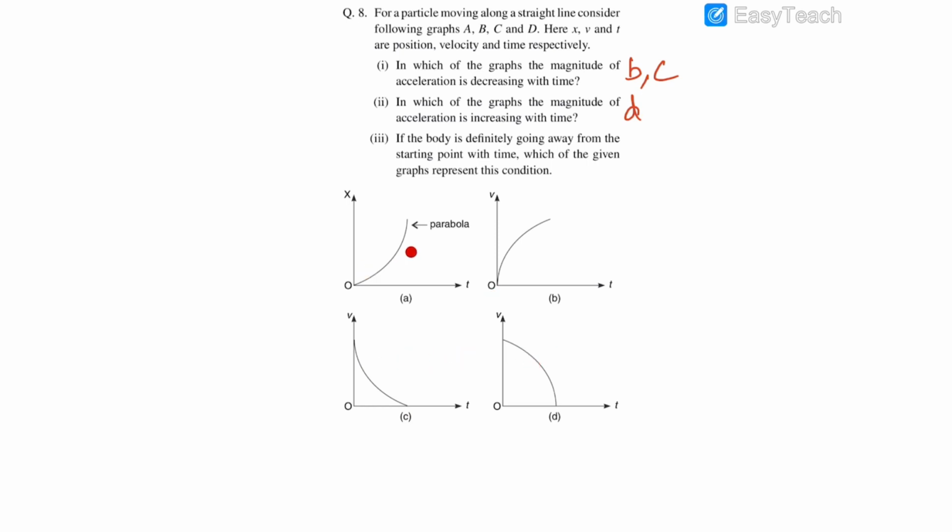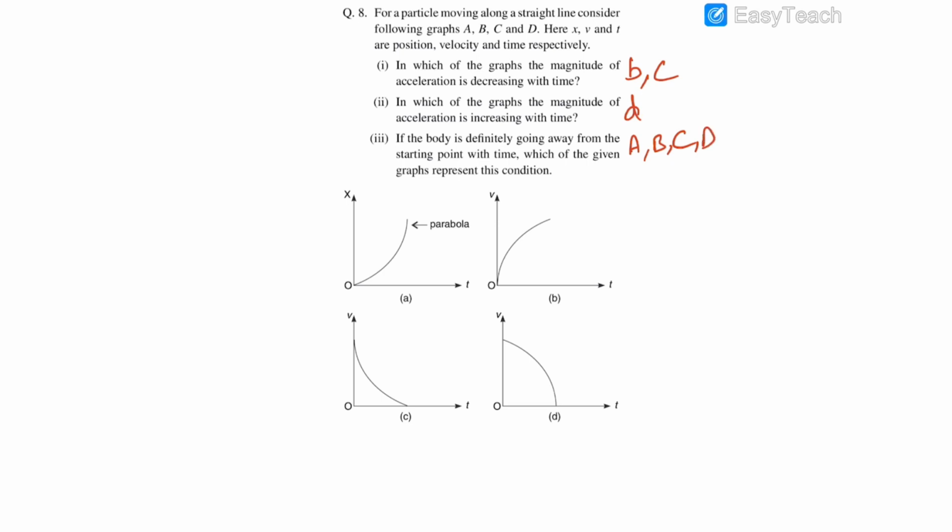And in this velocity is also positive, and it is a straight line graph, Vt graph for this option. So velocity is positive in all of these options, and therefore object is definitely moving away from the starting point. So the correct options for the third question is A, B, C, D.